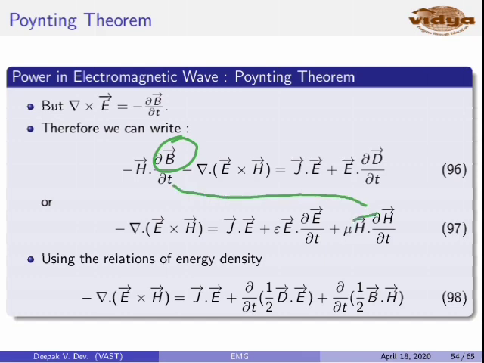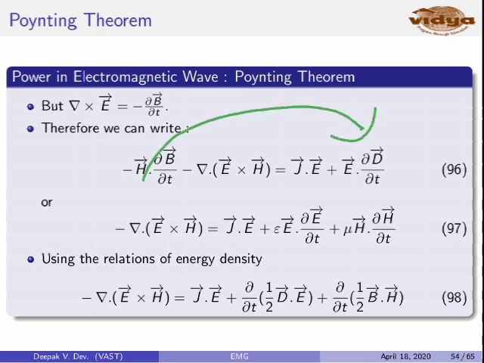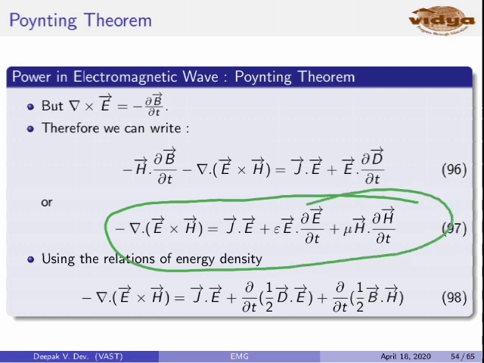Okay, so this term is taken to this side and the equation becomes this one. We are substituting D as epsilon into E, and B as mu into H. So that's why we are obtaining this equation.